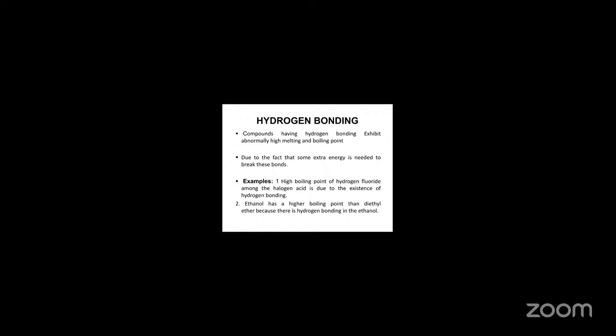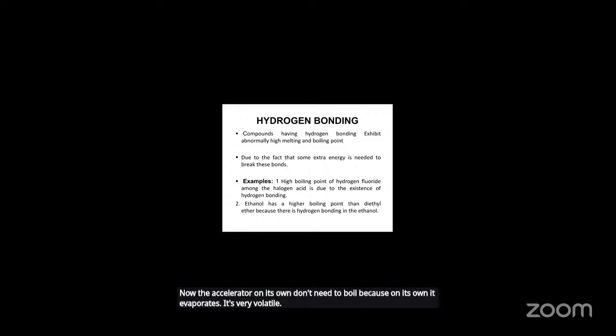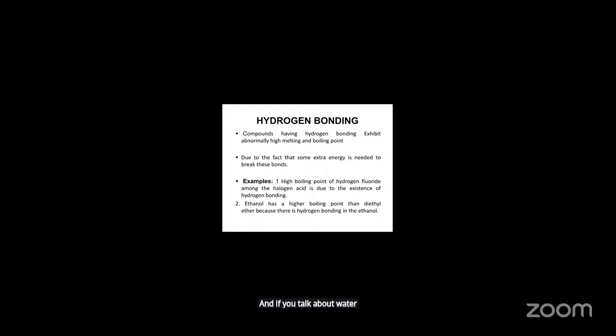Now, ethyl ether on its own doesn't need to boil because on its own it evaporates. It's very volatile. If you talk about water and ethanol, their boiling points are virtually similar, but water has higher, 100, ethanol is 78. So the higher the hydrogen bonding, the higher the boiling point.